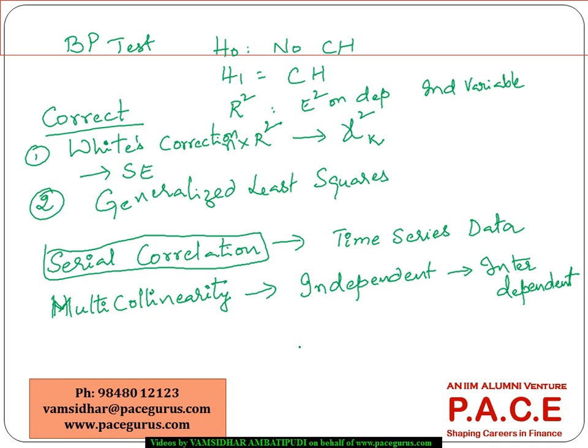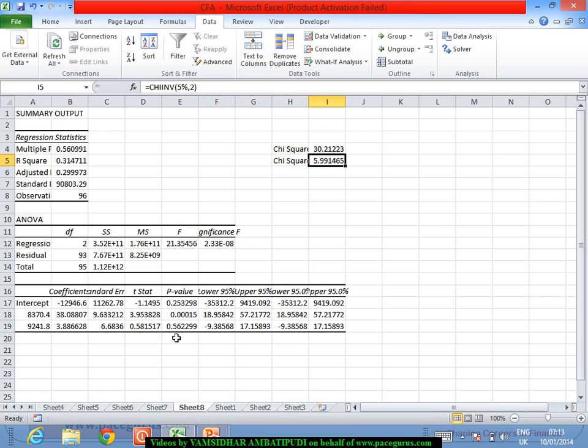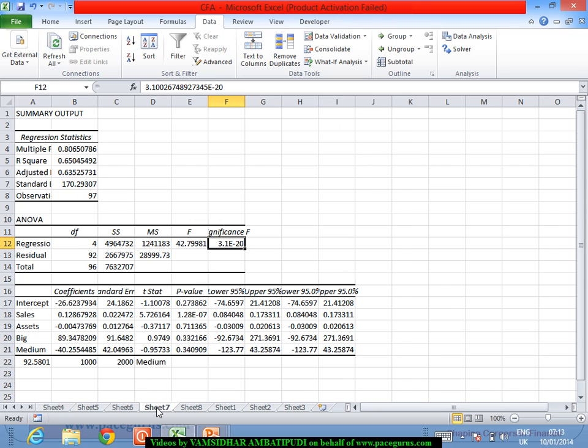So how do we really detect multicollinearity? One simple way to detect multicollinearity is to look at the p-values of the independent variables. Except this variable, the rest all suggest that the coefficients are not statistically significant. Assume for the time being that even this is indicating it is not statistically significant.